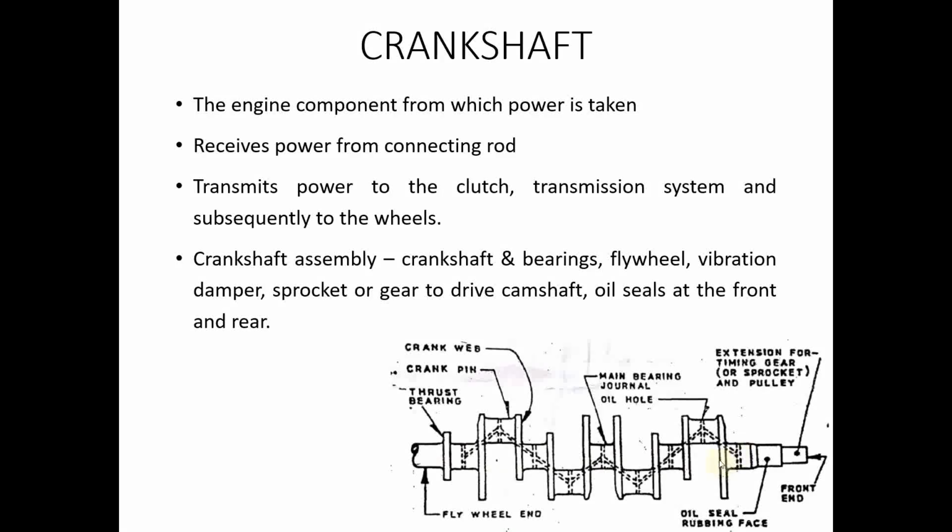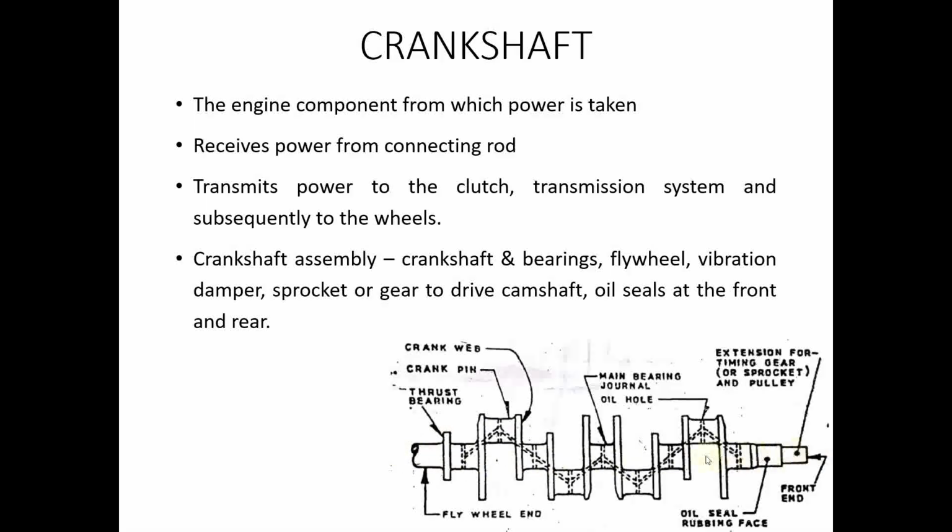Okay, now the next projection here is the crank pin, and the crank pin is the region where the larger end of the connecting rod is attached. We have seen the connecting rod, where it has a smaller end and a bigger end. The big end of the connecting rod is attached to the crank pin, and this crank pin is offset at a small distance from the center of the crankshaft.